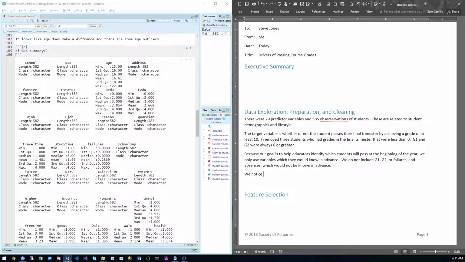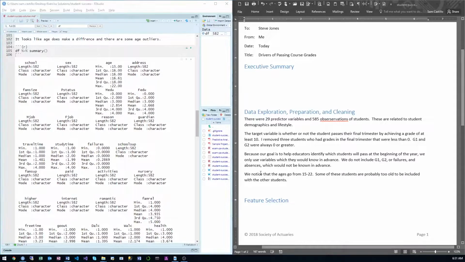We notice that the ages go from 15 through 22. Some of these students are probably too old to be included with the other students.